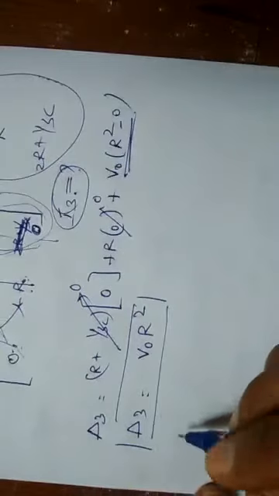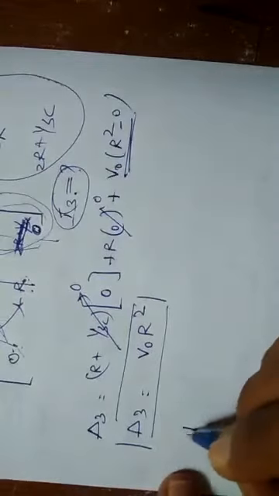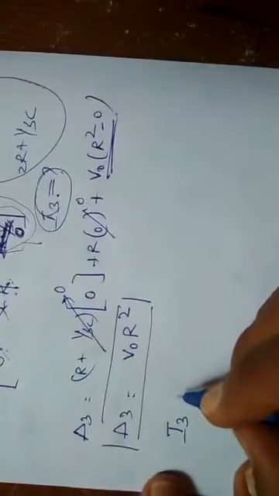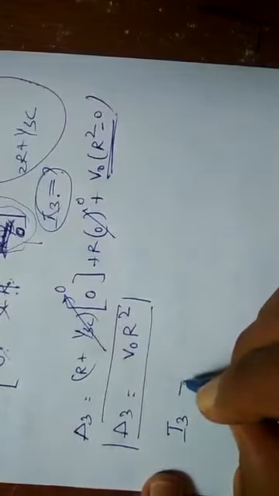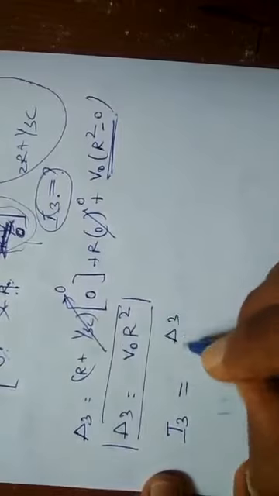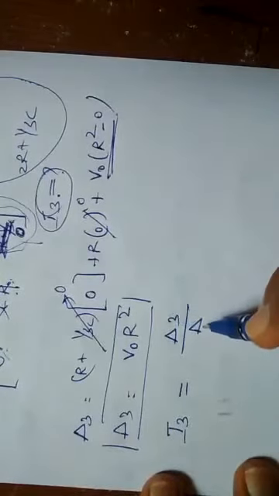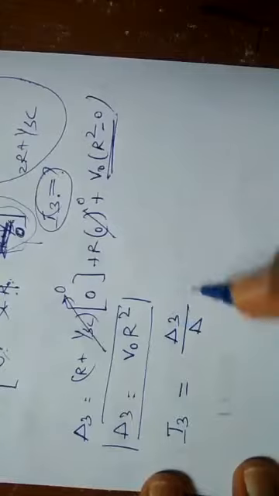And from this we can find I3, the output current of the feedback network, in producing the feedback potential Vf. So I3 equals del 3 by del, the del 3 solved for I3 divided by the total current effect del.